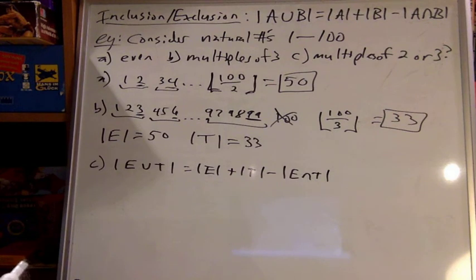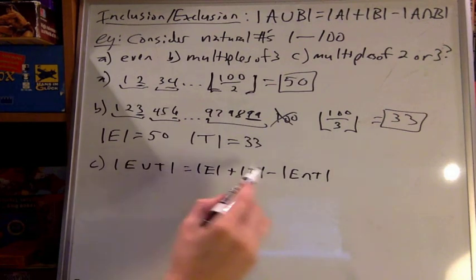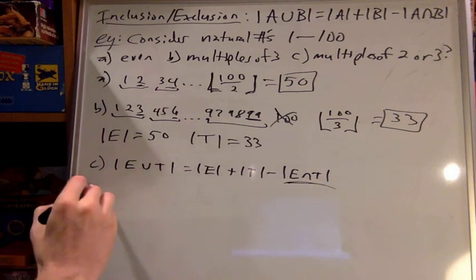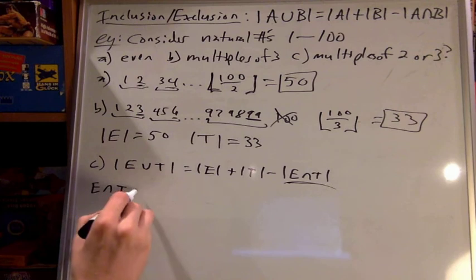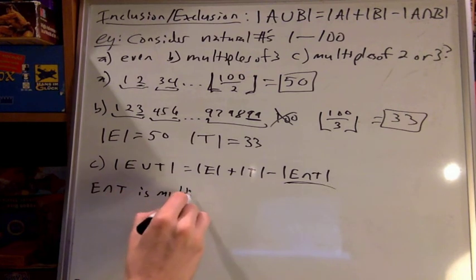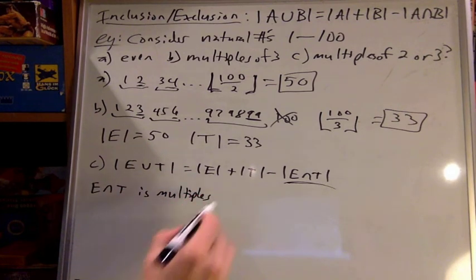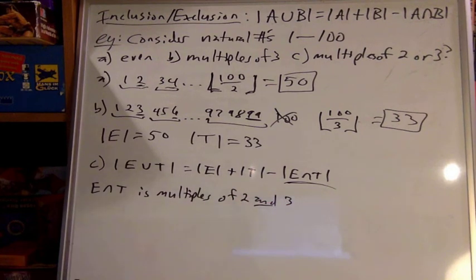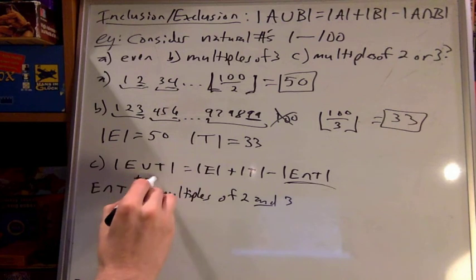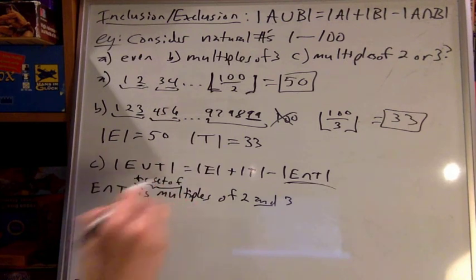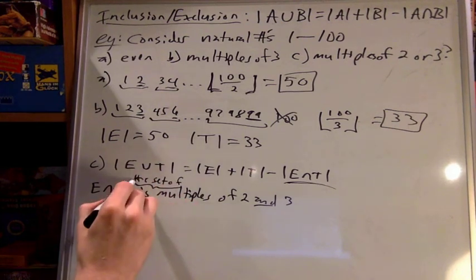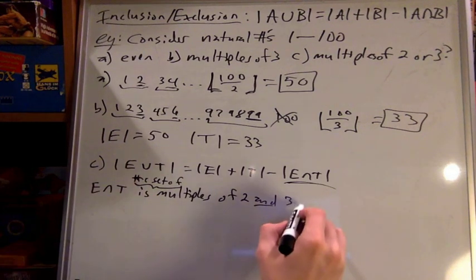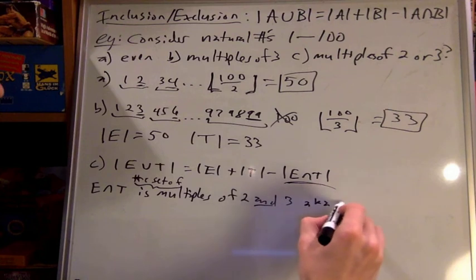All right. Well, I could plug everything in except for E intersect T. What is E intersect T? E intersect T is the set of multiples of 2 and 3, also known as multiples of 6.